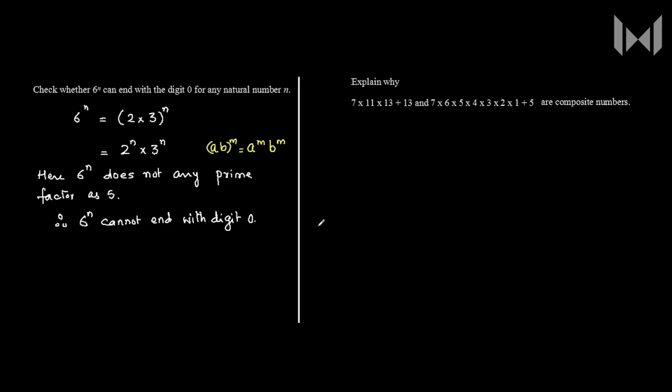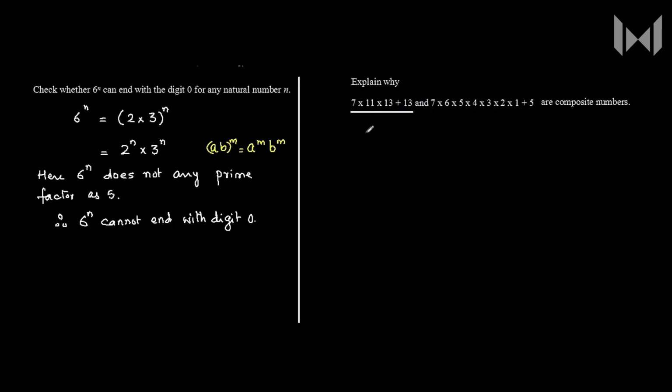So if a number is a product of two other numbers other than one, whether or not they are prime, then it is a composite number.